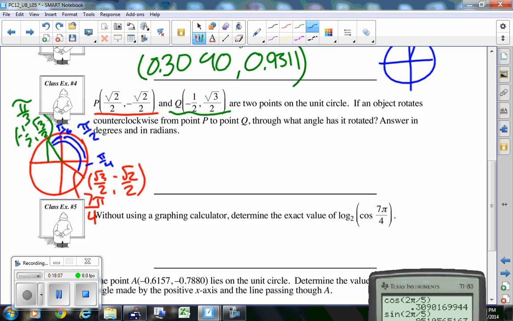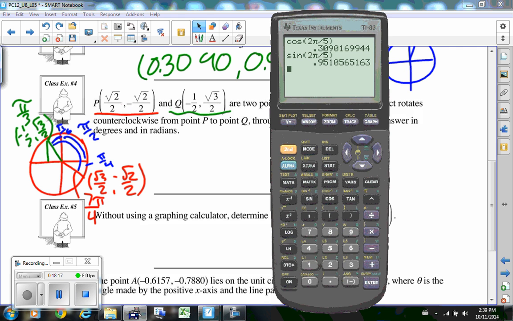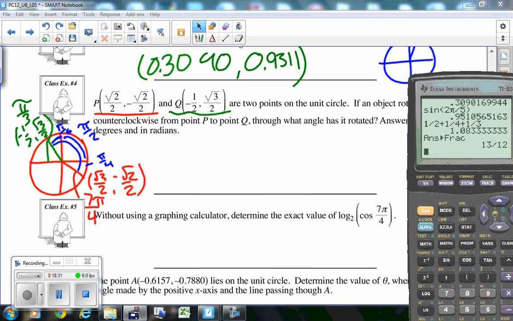So quarter plus 1/2 is going to be 3/4 plus pi sixths. Here, I'm just going to cheat. 1 divided by 2 plus 1 divided by 4 plus 1 divided by 3. And then I'm just going to math fracket. So that'll be 13 pi twelfths.